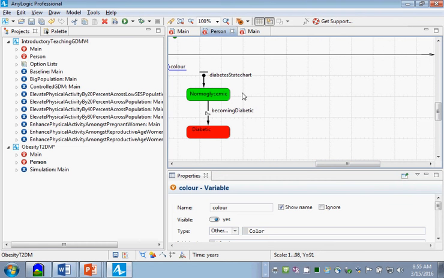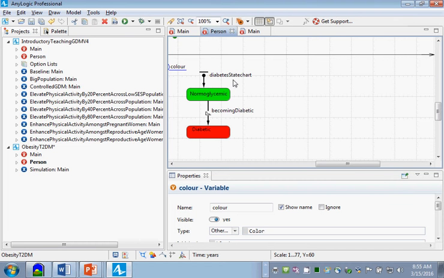Okay, so ladies and gentlemen, we are going to add to this. A state chart, mark my words, delineates transitions. It delineates a set of possible categorical states a person can be in with respect to one particular concern.